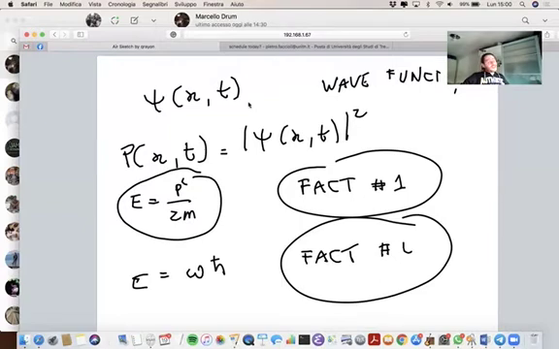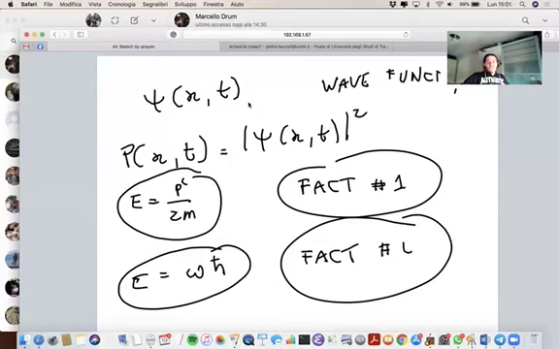So in historical terms, it's by no means clear that people were assuming these facts and then arrived at the Schrödinger equation. I'm presenting these facts in this order for pedagogical purposes, in order to motivate ourselves into the transition from the classical world to the quantum world, going from particles to Schrödinger equations for wave functions.